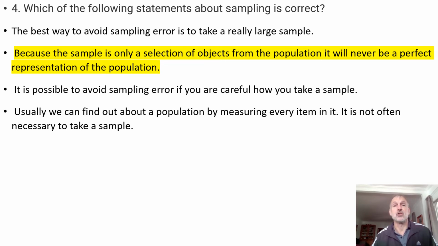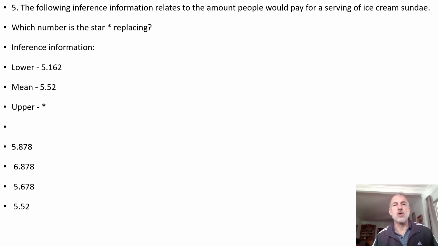There's one where you will probably need a piece of paper and a pencil, calculator, whatever. The following inference information relates to the amount people would pay for a serving of ice cream sundae. Which number is the star replacing? Inference information: lower 5.162, mean 5.52, upper star.